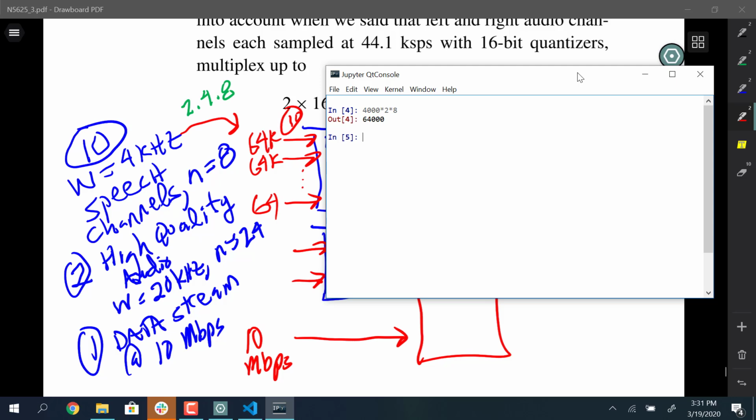So I'm going to say that with W equals 20 kilohertz, I would like to oversample and have my folding frequency at 24 kilohertz. So my sampling rate is at 48 kilohertz, which is an industry standard in recording. But sometimes in recording, they actually go up even higher.